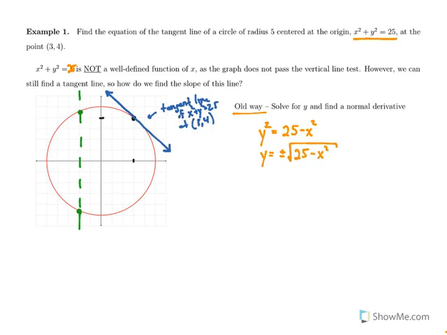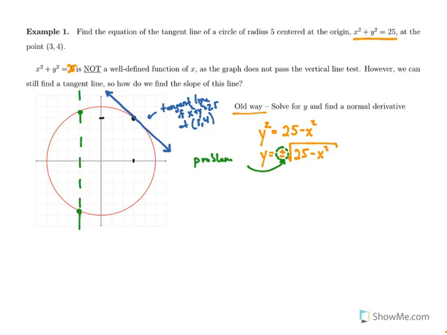All right, and note that what we're trying to find is the derivative of this thing, y equals plus or minus the square root of 25 minus x squared. And this plus or minus is a problem. That is not a function, having that plus or minus there.